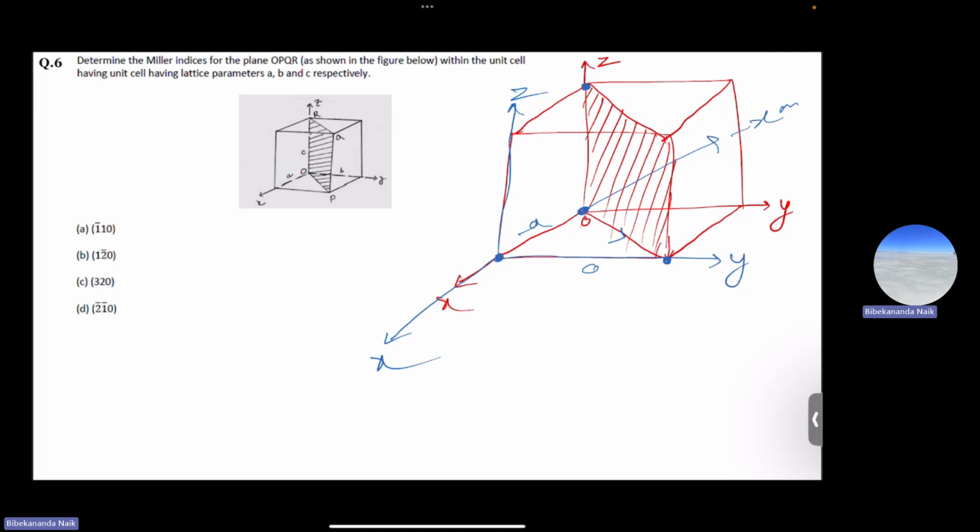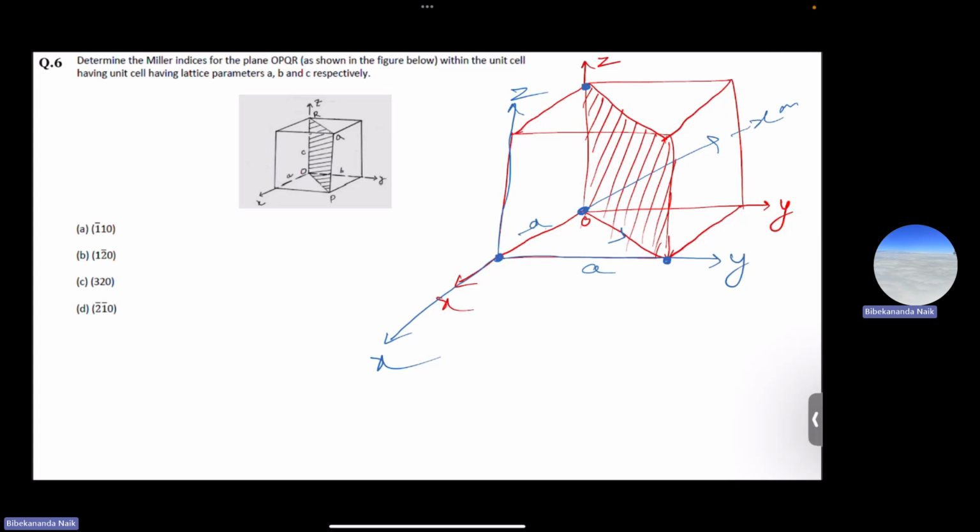And if you see this plane, it is intersecting two axes, x and y, and it is parallel to z. So the x intercept is minus a, and the y intercept is a now, because we shifted the origin.